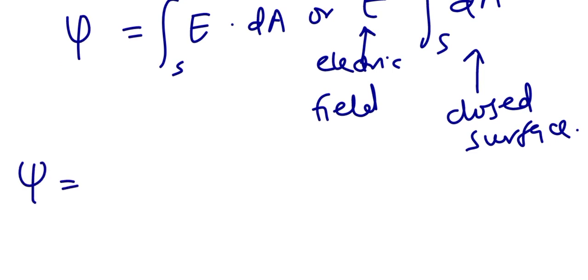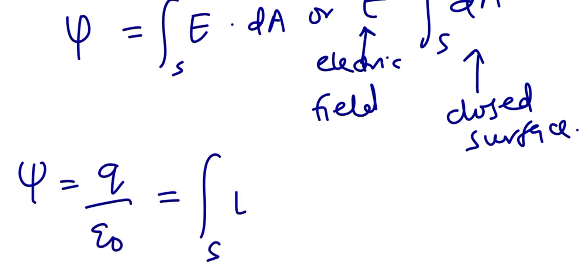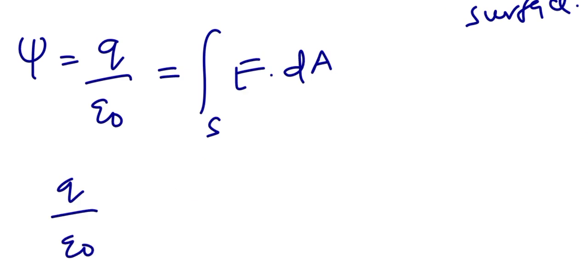Since the flux according to Gauss law is equal to Q over epsilon naught, that has to be equal to the integral over the surface of the electric field over a closed surface. So we can say Q over epsilon naught is equal to E times the integral of dS, which is the area of the surface.